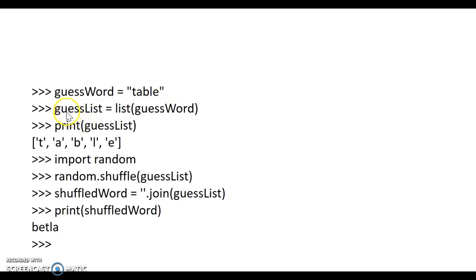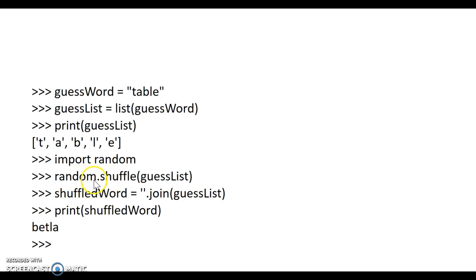I then take the word table, which is in guessWord, and I make it into a list, and I create a variable called guessList, which stores that result. So when I do print guessList, this is what I get. It's taken each of the letters of table, broken them up and put them as different elements in the list. Now I need to use the random library, so I import random.